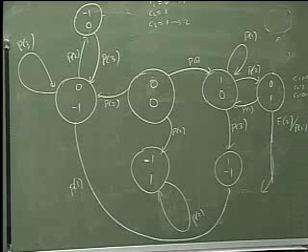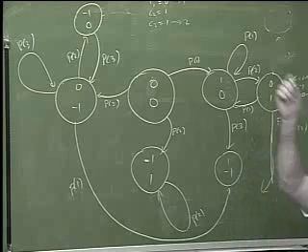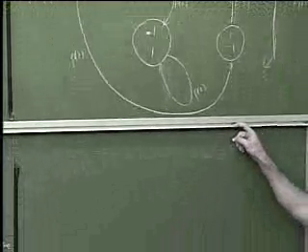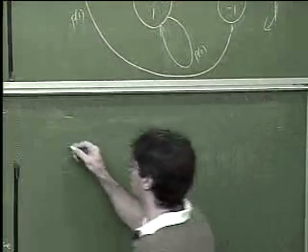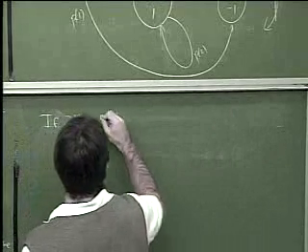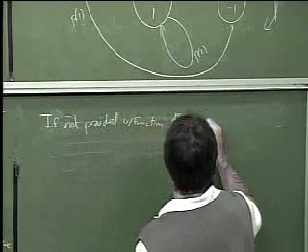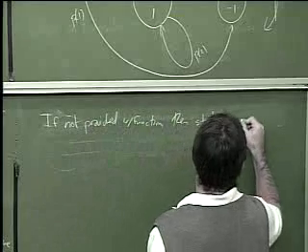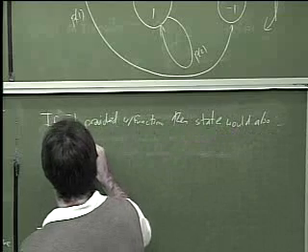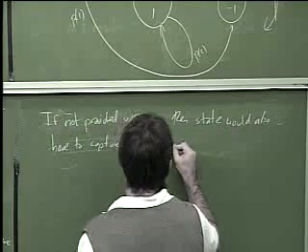And I can have another transition that says if there is no packet from flow 3 in the queue, but there is a packet from flow 2, then I'll process that next. If I didn't provide you with this function, then the state would also have to capture the set of packets in the buffer.